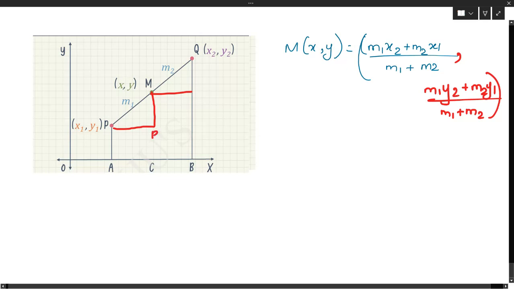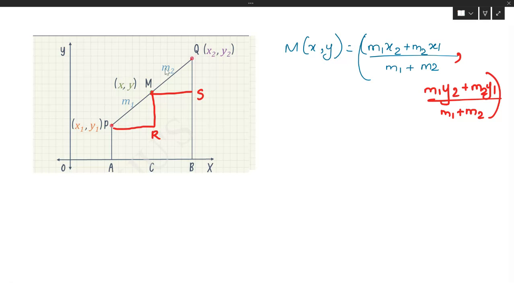Let's write it as R and S. The previous formula we can use here to find the distance between PM and the distance between MQ.